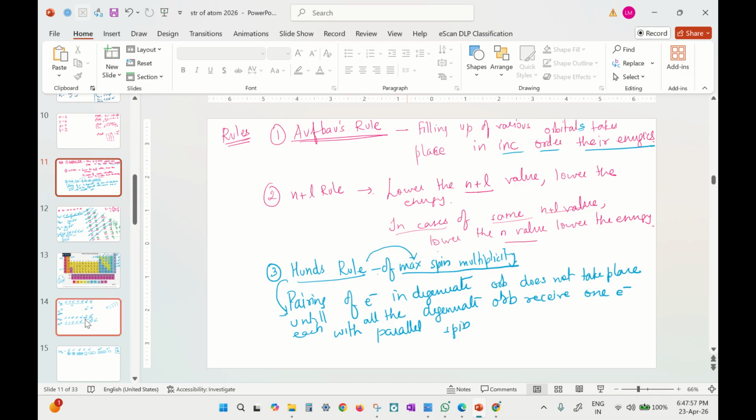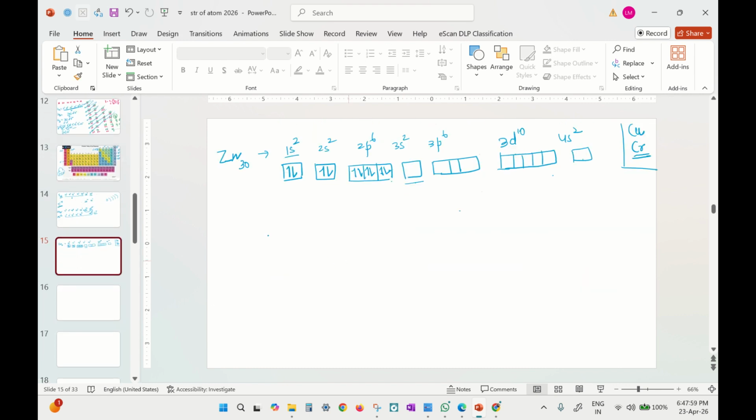Now, what do you mean by maximum spin multiplicity? Supposing I'm writing the electronic configuration of nitrogen. 7 is the atomic number. I would say it is 1s2, 2s2, and 2p3, right, children? So 1s has got 2 electrons, 2s has got 2 electrons, and 2p is now going to have 3.